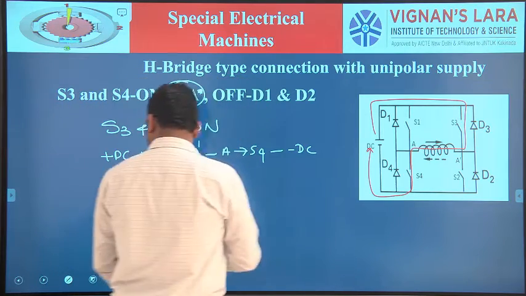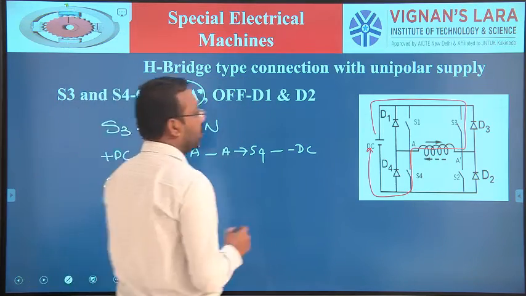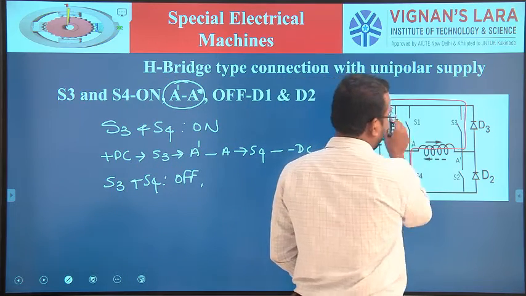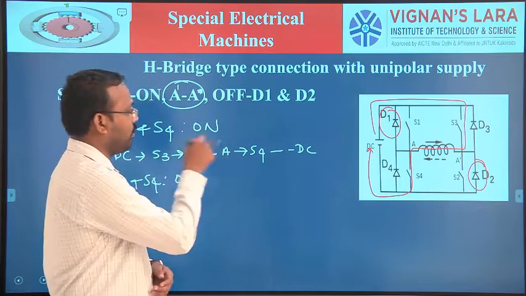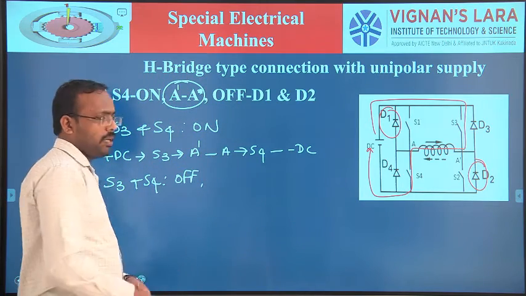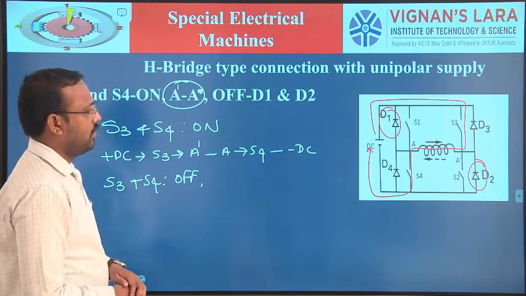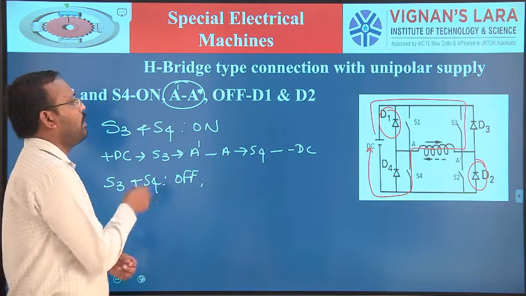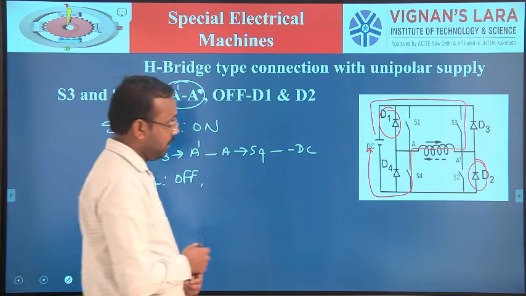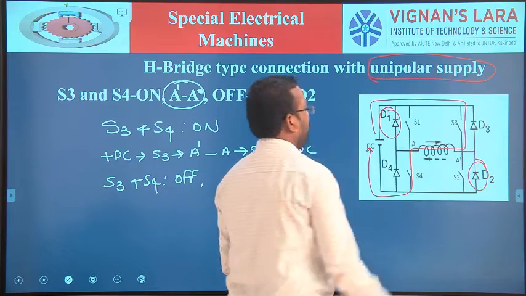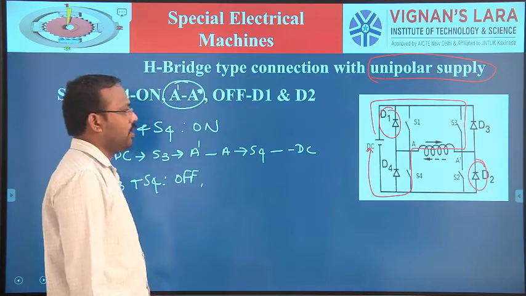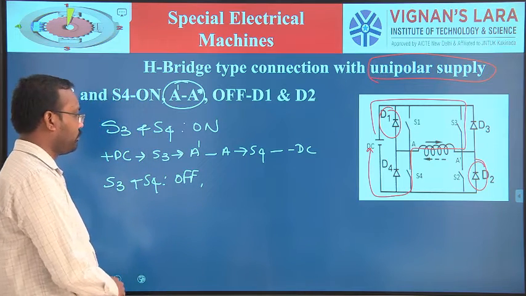D1 is here and D2 is here. So this is the H-bridge type connection with unipolar supply. Unipolar supply means we need only one supply source. Mostly it is used for variable reluctance stepper motors.